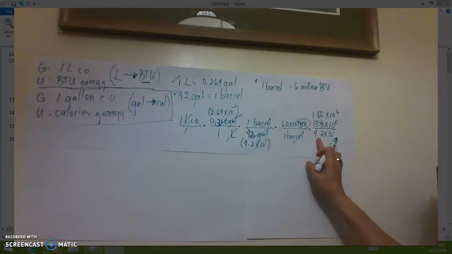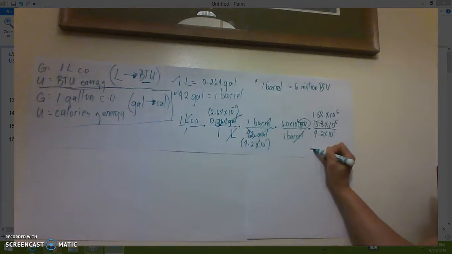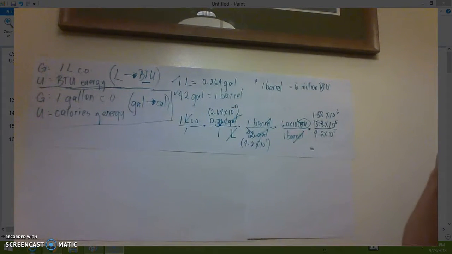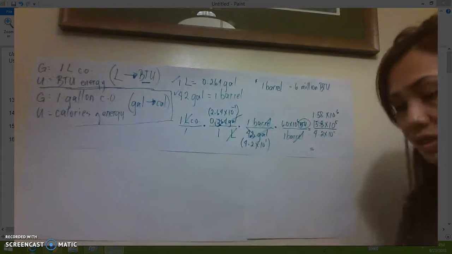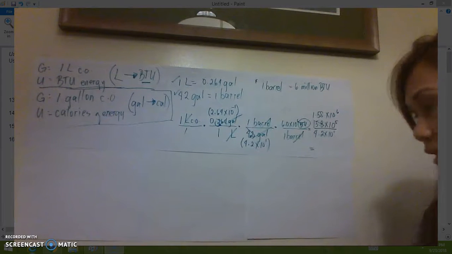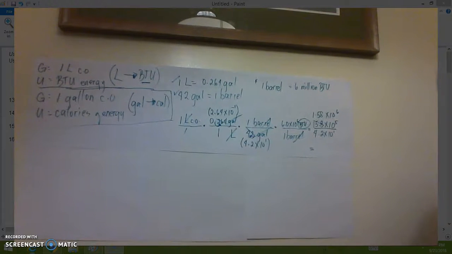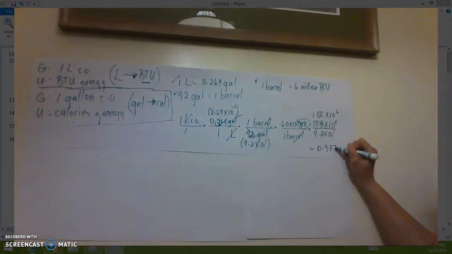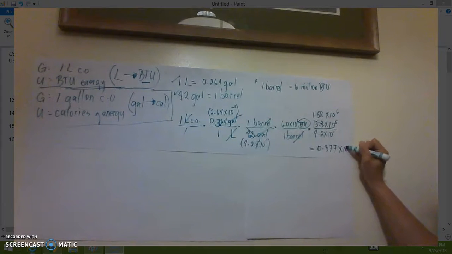1.58 divided by 4.2 is equal to... Let me use the calculator to double check what I have here. 1.58 divided by 4.2 equals 0.377 times 10.